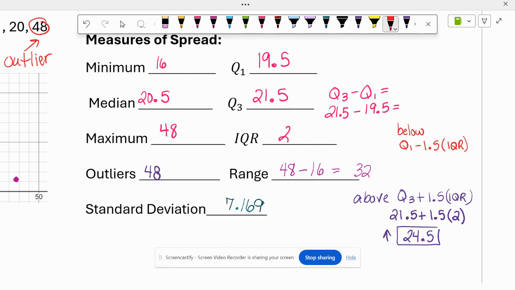So what is my Q1? 19.5 minus 1.5 times my IQR, which is 2. So what is that? Say it again. 16.5. So any number that's less than that is an outlier.